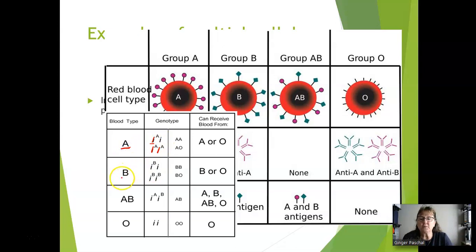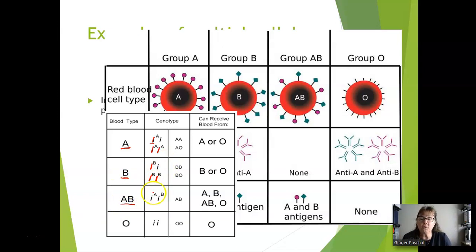So blood type B can be produced by I superscript B, lowercase i, or I superscript B, I superscript B. Those are two genotypes that would both produce type B.